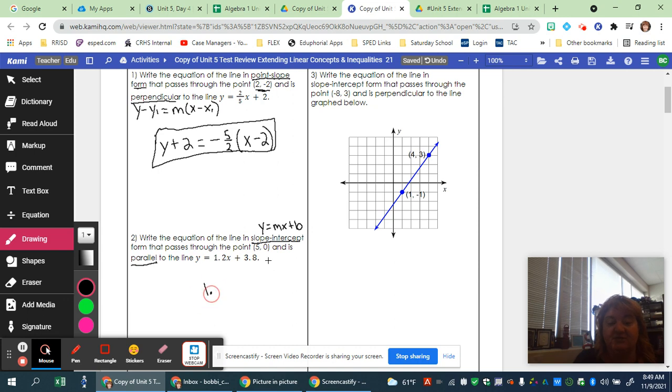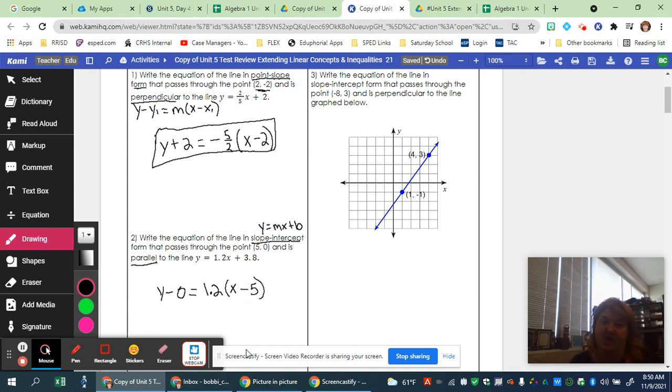So my slope is 1.2. But first I have to go to point slope form. Okay? Point slope form would say y minus, oh, look, it's a 0. That made it easy. Equals 1.2 times x minus 5.